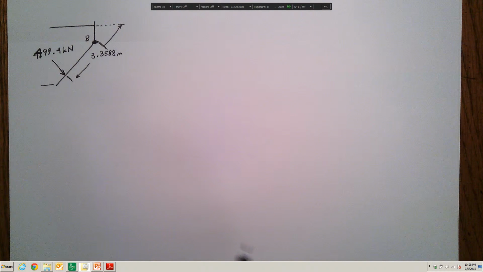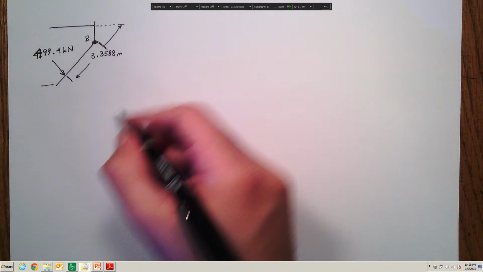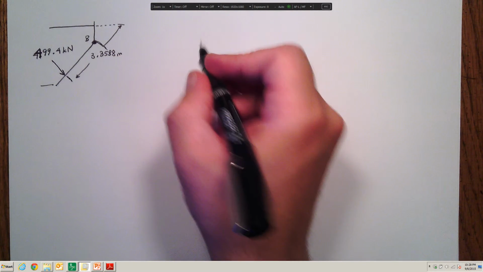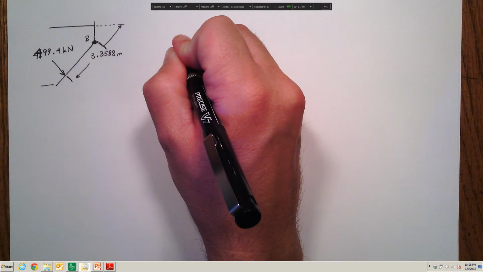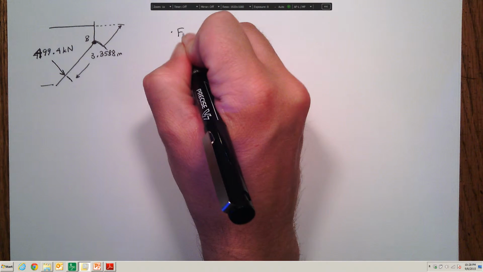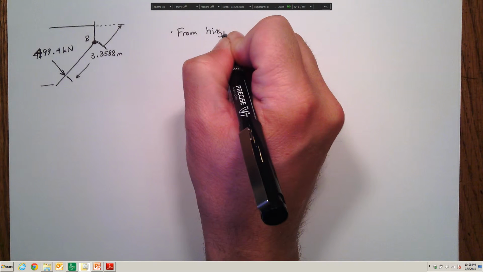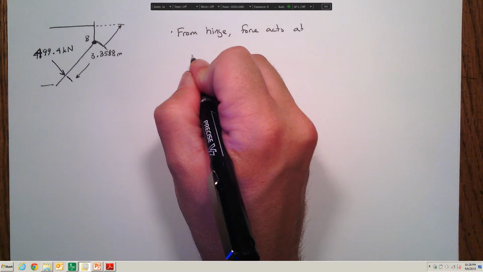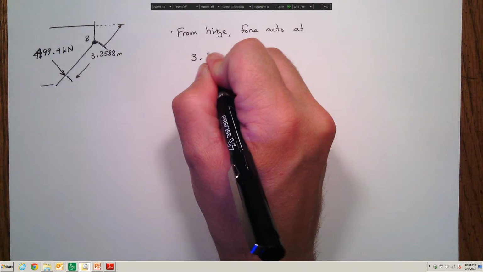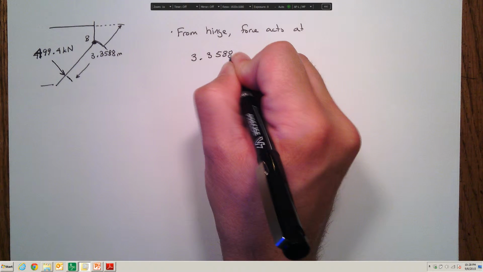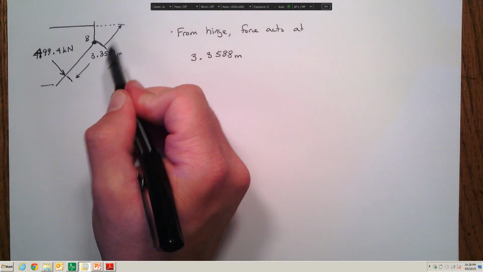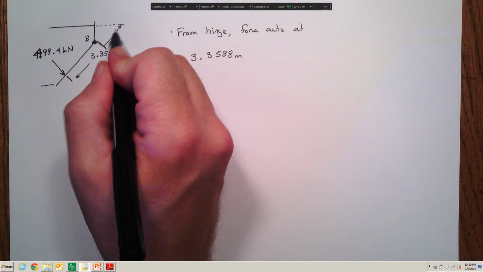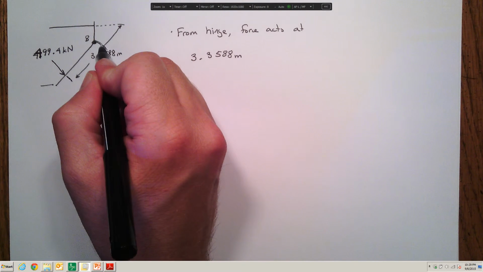So the distance where the force acts along this gate below the hinge is a distance where we take this 3.3588 meters and subtract this in-plane distance, and we know the horizontal distance here is half a meter.